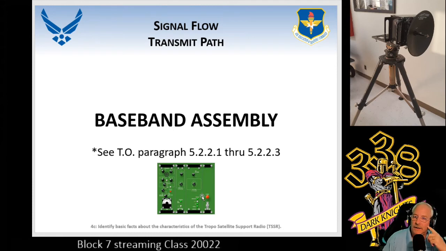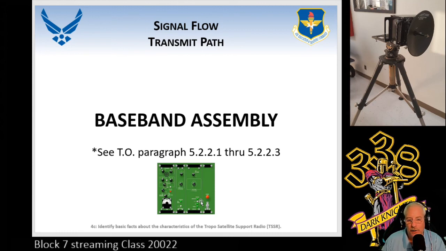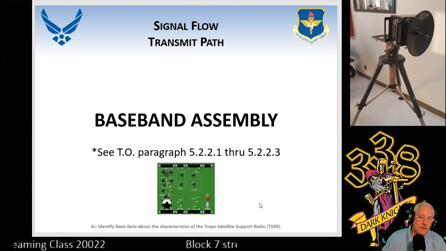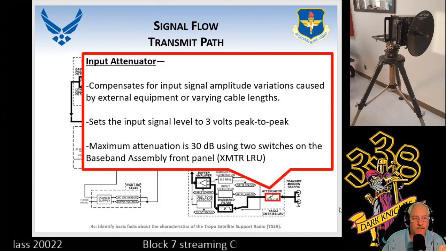PowerPoint and talking about the signal flow. Now you have your slides and you have the electronic copy of the C's and D's, and what we're going to be looking at is the electronic copies of it. Now with this in mind, we're going to start on the baseband assembly.